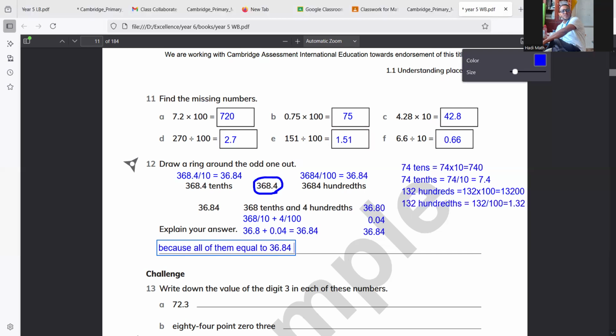Or sorry, you could say the odd one is 368.4 because all the others equal to 36.8. And that's it.